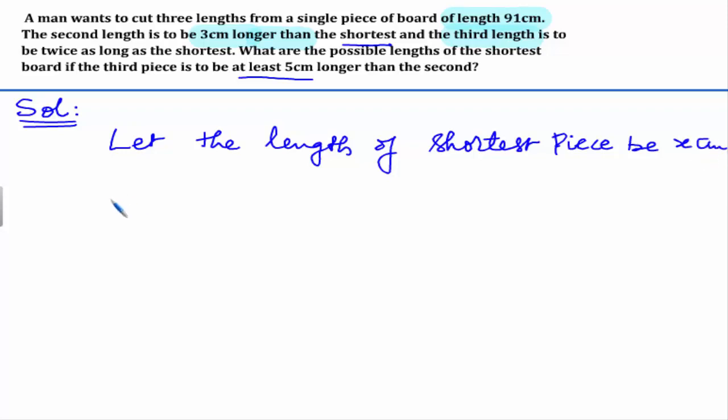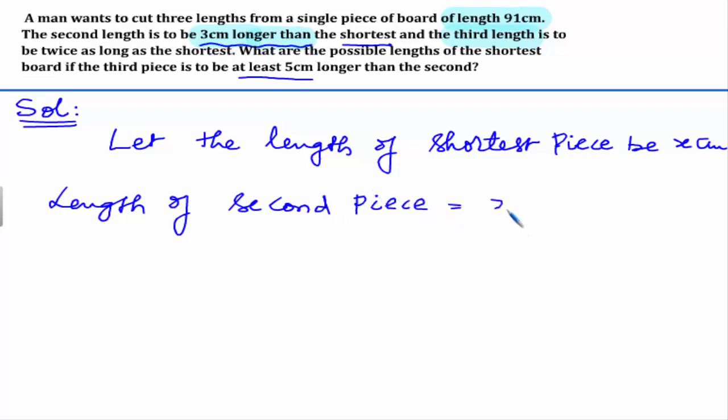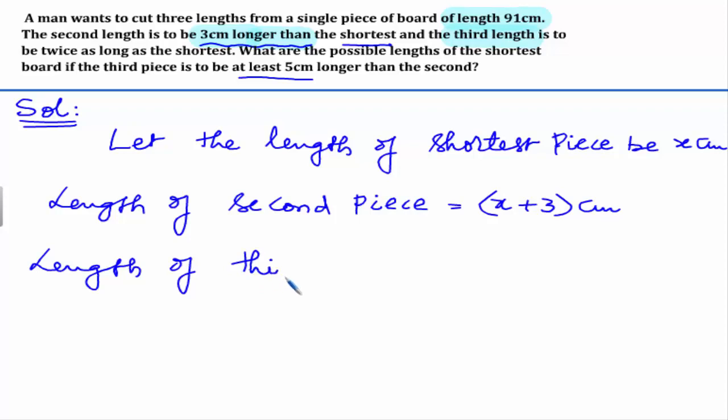And now the length of the second piece, which is 3 centimeters longer than the shortest, therefore it is x plus 3 centimeters. And the length of the third piece is twice as long as the shortest, that means 2x.